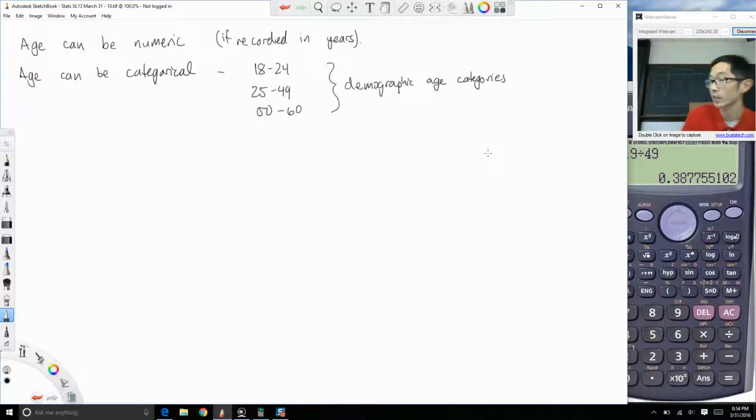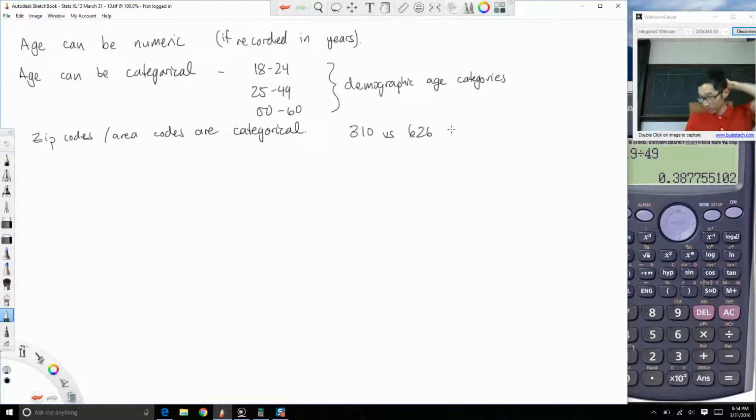Certain things that appear numeric are actually categorical. For example, we've got zip codes and area codes. If your area code is 310 versus 626, you can't say I have 316 more area code than you.